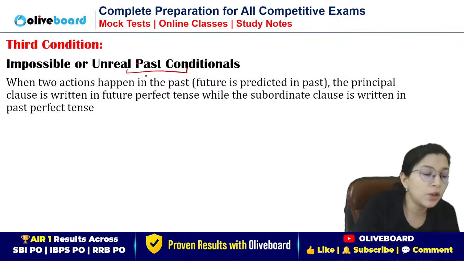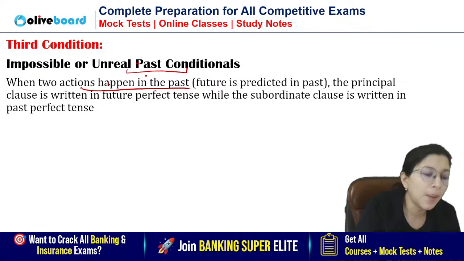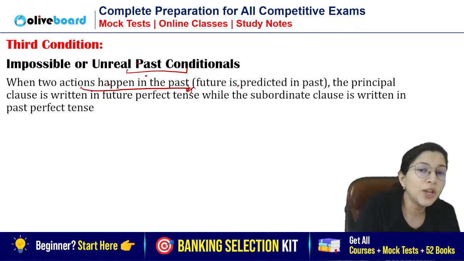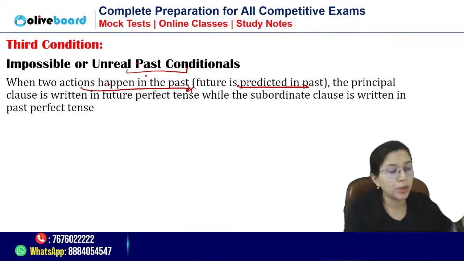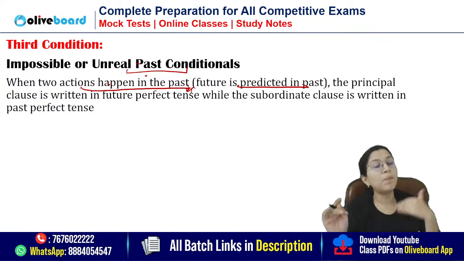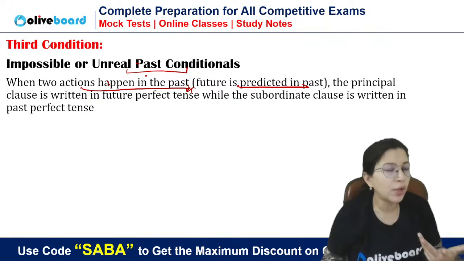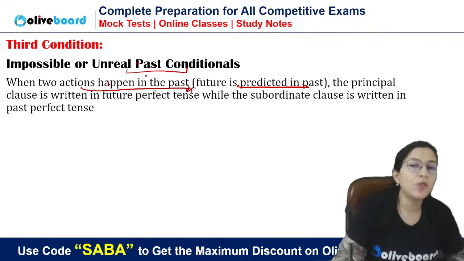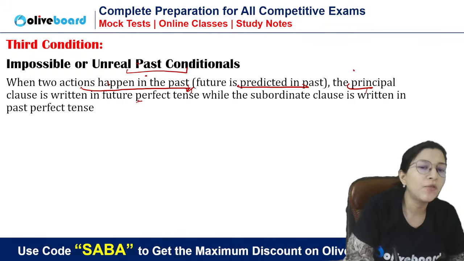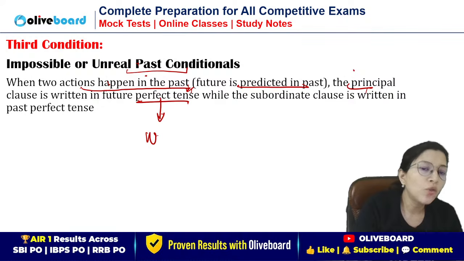And this we use, listen to me very carefully, guys. This third condition we use when two actions happen in the past, and future is predicted in past. Means in past we are giving one condition. काम हो चुका है पास्ट में लेकिन कहते हैं ना काश ऐसा होता. ये जो काश ऐसा होता वाला जो केस होता है, दैट इज इम्पॉसिबल कंडीशन, दैट इज थर्ड कंडीशन. And in this case, what will happen? The principal clause will be written in future perfect tense. But since we are expressing this future in past, what we will use here?